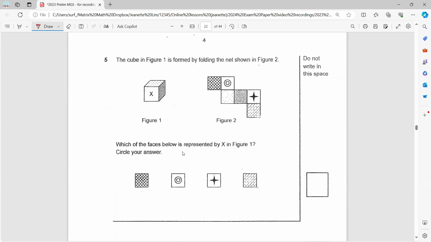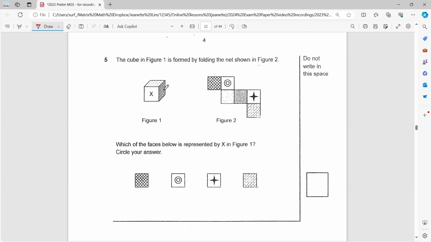Question 5. The cube in figure 1 is formed by folding the net shown in figure 2. Which of the faces below is represented by X in figure 1? So this is the X in figure 1. It's right next to this lightly dotted one.